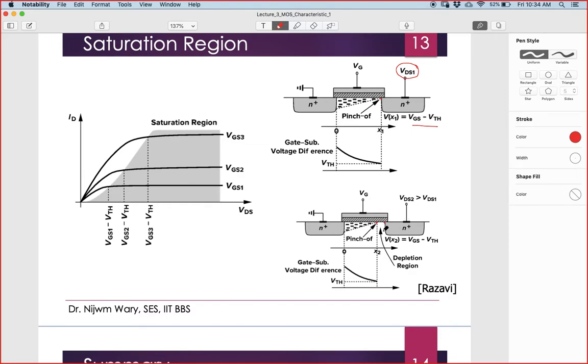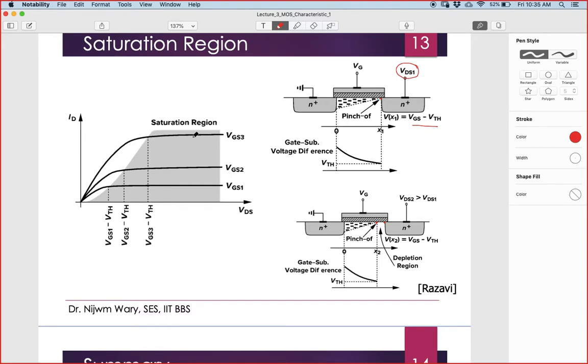There's a depletion region here basically. Whenever electrons cross this barrier, because this is a very high positive potential and electrons are always attracted towards the positive potential, there is a flow of electrons to this depletion region. Because of which we have this saturation region and the current gets saturated.